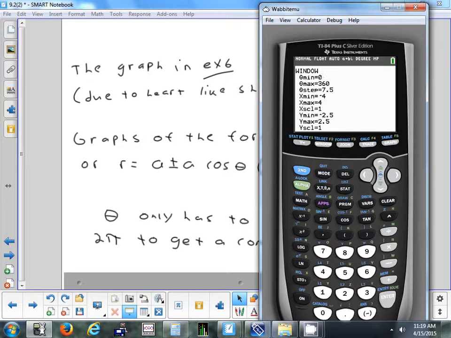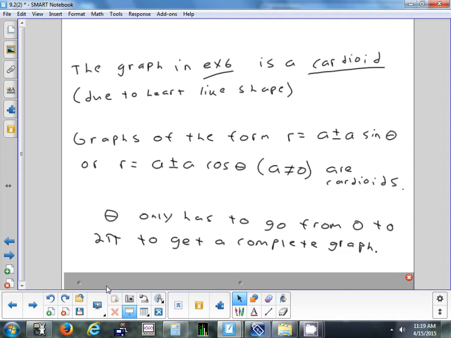Okay. What would happen if I set theta-max to 720? Even if we wouldn't see anything, there would be something happening. Darren? Yeah, it would draw it twice. It would just trace over itself.